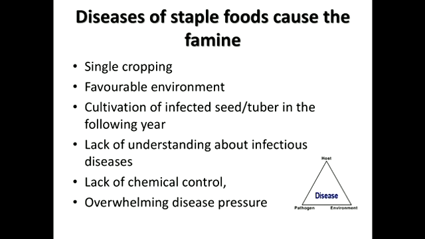I was discussing a little bit about the cultivation of single cropping. If they completely depend on a single crop, then every time there is a possibility that disease could migrate from the infected potato tuber or the infected seed to the next season. So if you are completely relying on a single crop, there will be a possibility of this appearing as a famine. And favorable environmental conditions are also an important factor in cultivating that infected seed and tuber to the following season without any treatment.